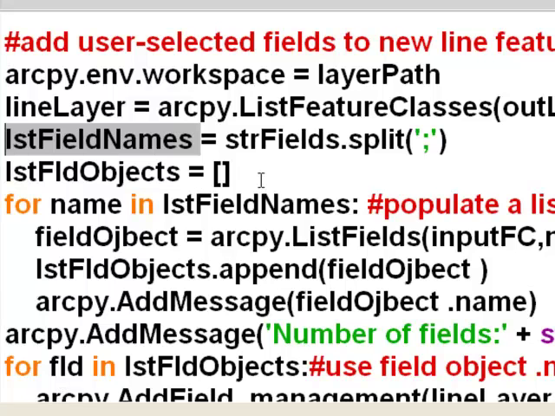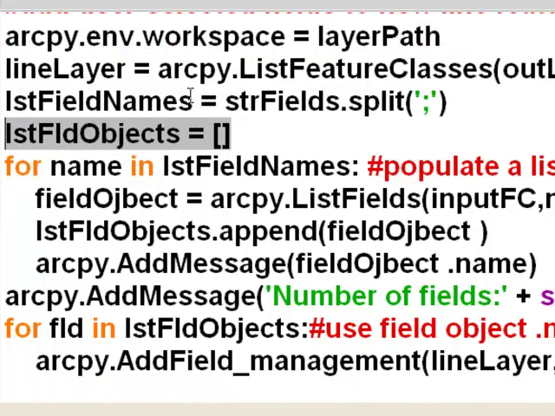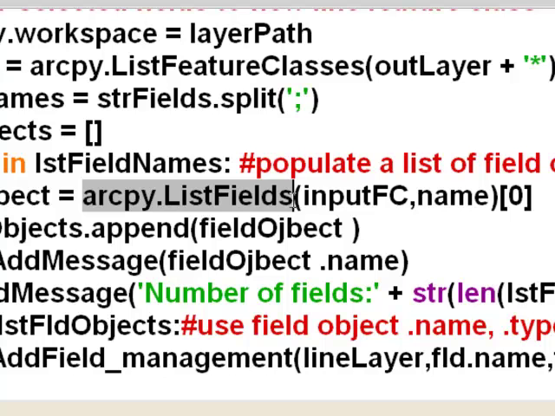Then we'll make an empty list of field objects and step through this list of field names and use the arcpy ListFields function to get the field object associated with each of those names. This typically returns a list, but here we say just give us the first item on that list that's returned.